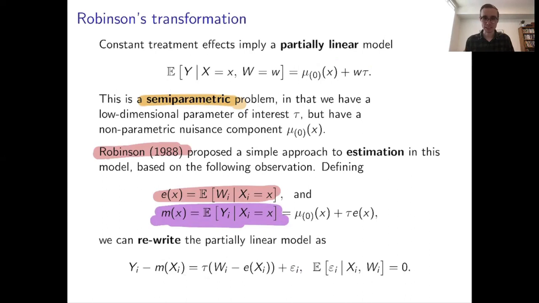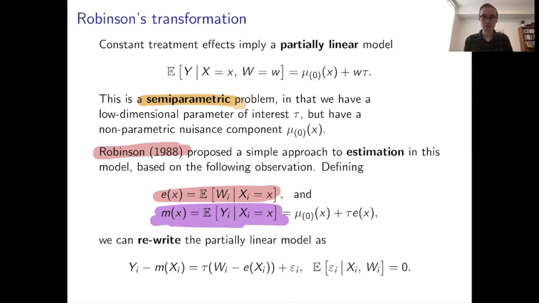Epsilon here is really just the difference between y and its expectation given x and w. The point is that we know that the expectation of epsilon given x and w is 0. In rewriting the problem in this way, we've essentially done nothing, but we still get some very helpful insights out of here. Suppose you actually knew m and you knew e. Then how would you estimate tau? Well, it's very easy.